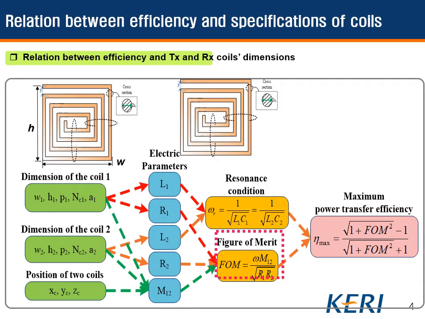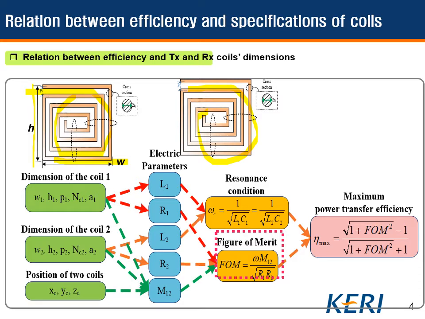This slide shows the relation between coupling coefficients and the Tx and Rx coil specifications. Let's think of two multi-turn rectangular wire coils. The coils are determined by wire diameter A1, width W, height H, pitch P, and turn number.